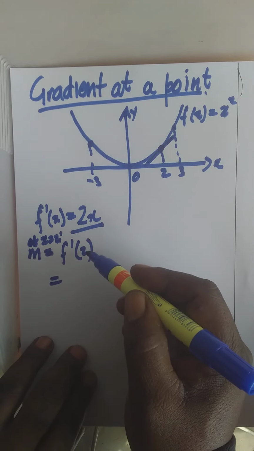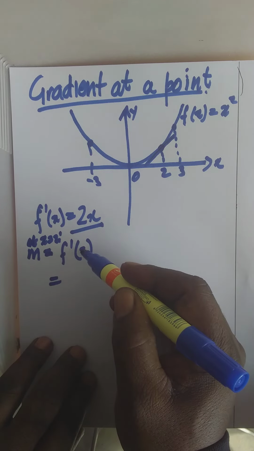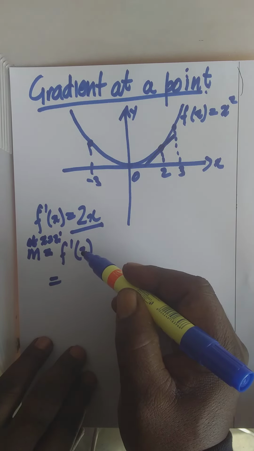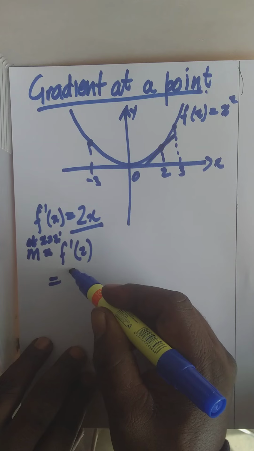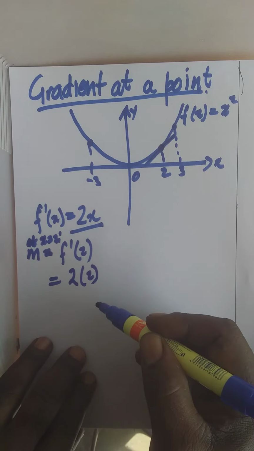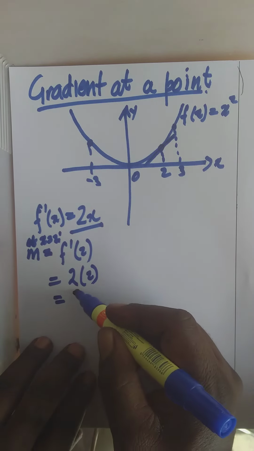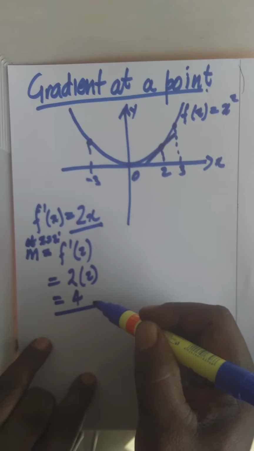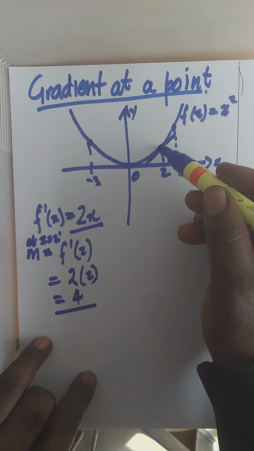F prime 2 simply means go to f prime x, substitute x by 2. Therefore, f prime 2 will be 2 times 2, which is equal to 4. Therefore, the gradient at this point is 4.